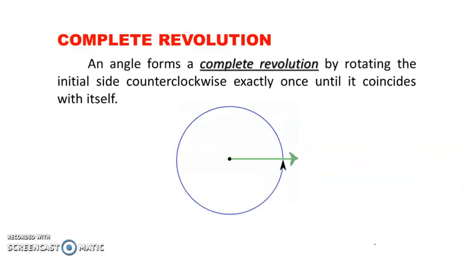An angle forms a complete revolution by rotating the initial side counterclockwise exactly once until it coincides with itself. So the figure below shows an example of an angle that forms a complete revolution.